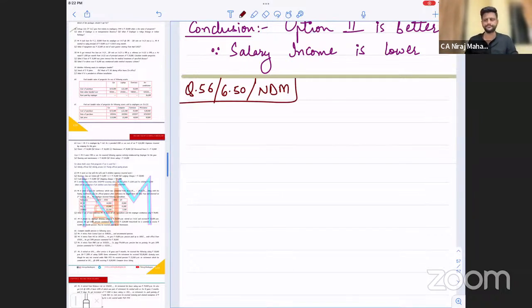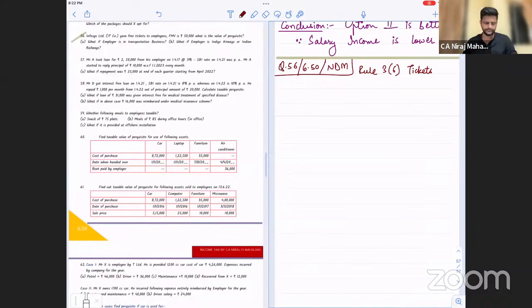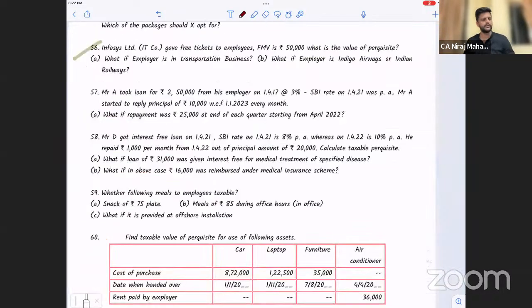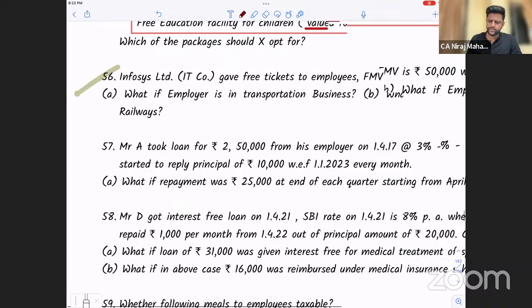Over there, write down rule 36. Infosys Limited, an IT company, gave free tickets to employees, the fair market value of which is rupees 50,000.